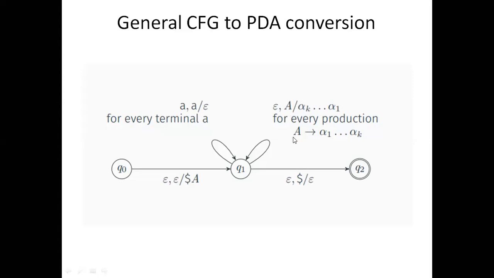Whatever is on the left-hand side is assumed to be on the stack top, and if it is there, we replace it by pushing everything on the RHS of the production rule in reverse order onto the stack. So for A1 to Ak, we push from Ak, then onwards, and finally alpha 1. So alpha k to alpha 1 will be pushed onto the stack.